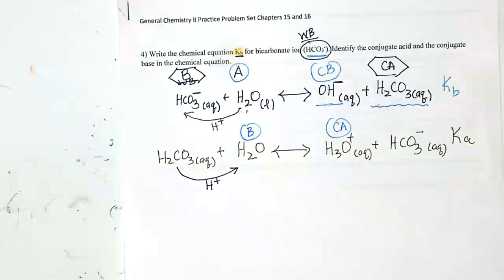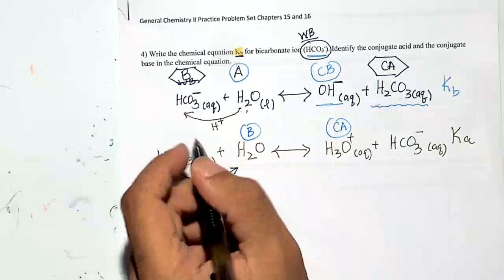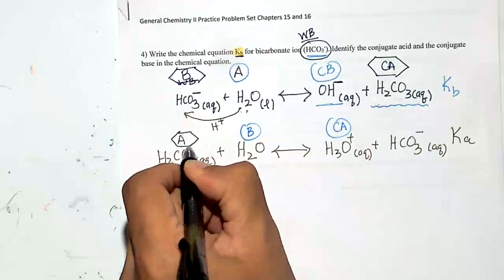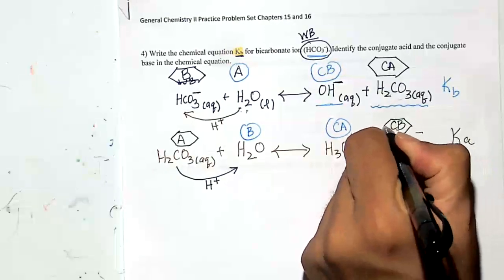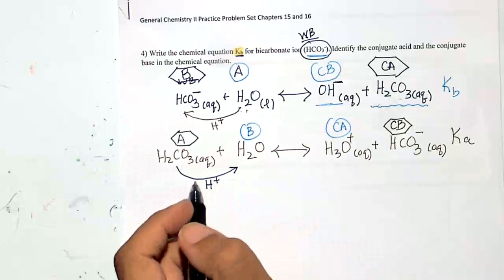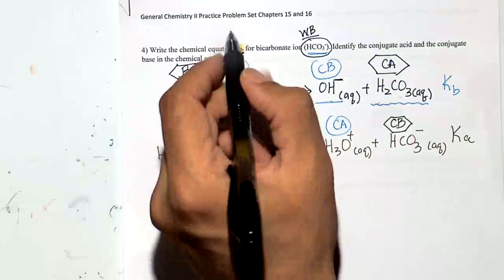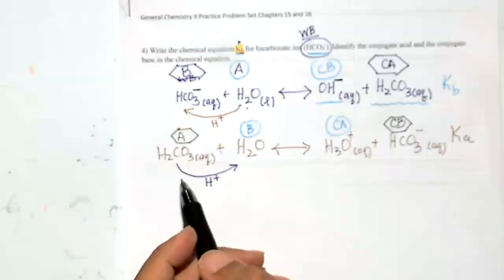Carbonic acid is an acid, and all acids do is give off protons, but some do it better than others, especially the strong acids, those 6 strong acids. So this is the acid, and this is its conjugate base. On the exam it's Kb, but this would be the thing if it asks for Ka.